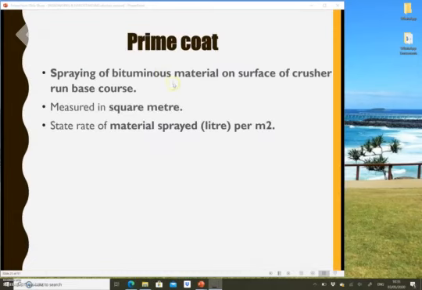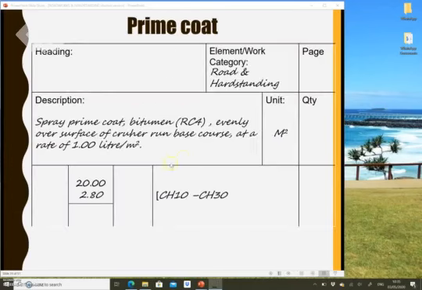The next one is a prime coat, spraying of bituminous material on the surface of a crusher run base course. It should be in square meter, but you need to mention the rate of material spray in liters per meter square. Spray prime coat.